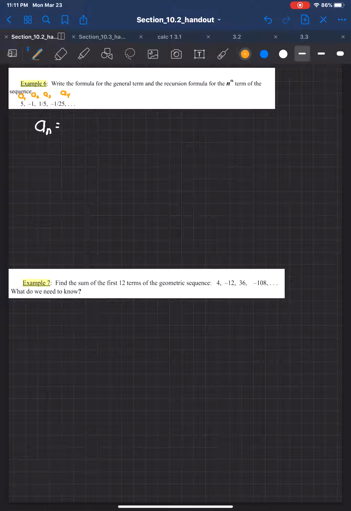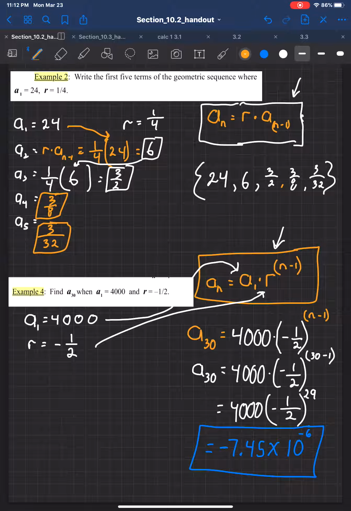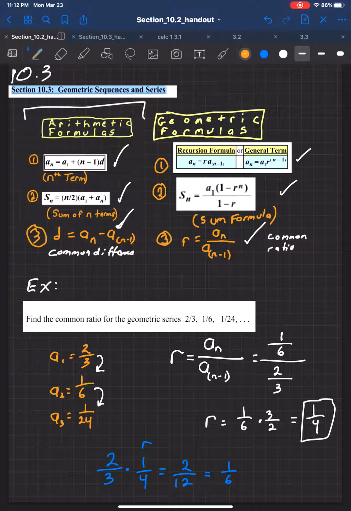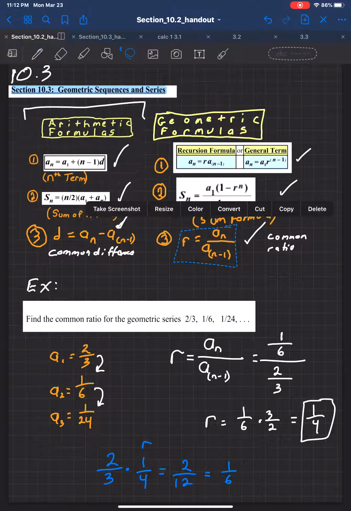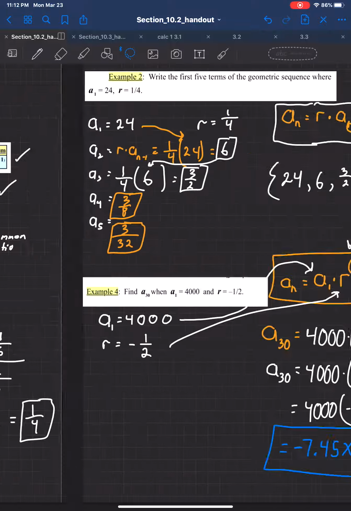So to do this, what's required of us is that we first find the common ratio. We need to know the common ratio here. And to find the common ratio, if you recall, I'll grab from the previous page, it's a sub n divided by a sub n minus 1.